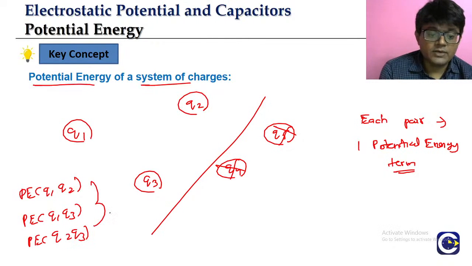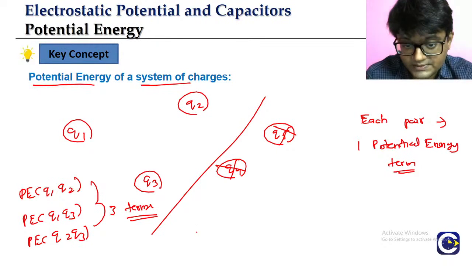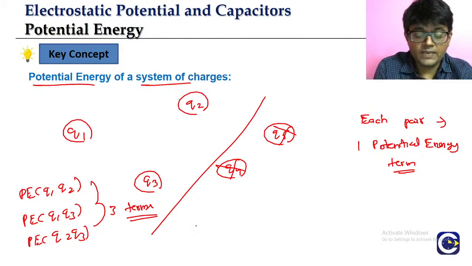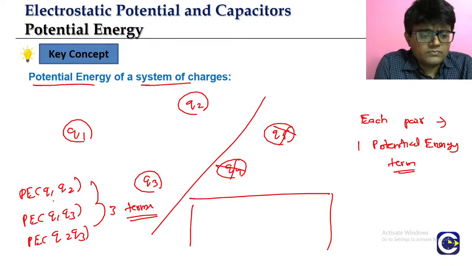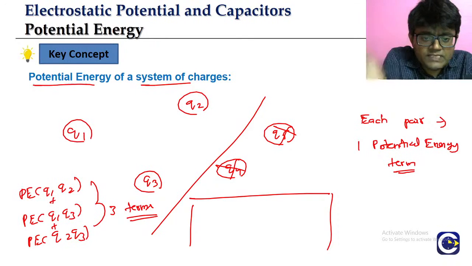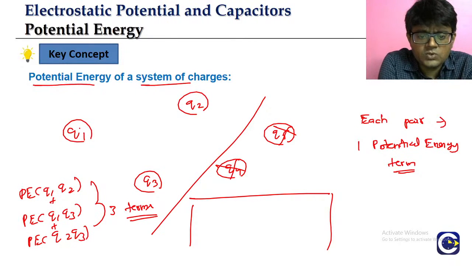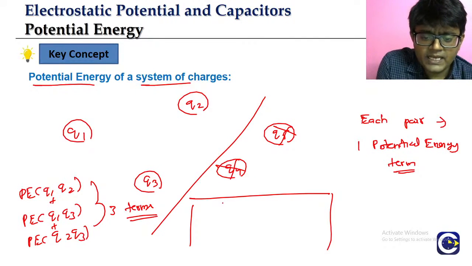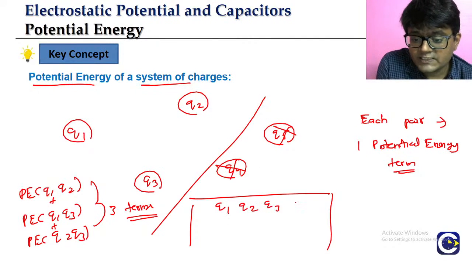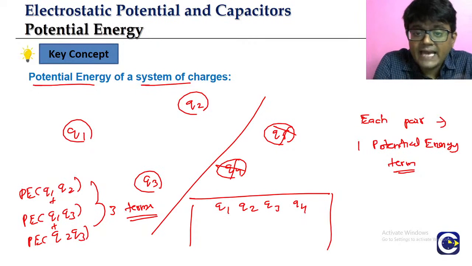Totally how many pairs are going to come? 3 pairs and hence 3 potential energy terms.